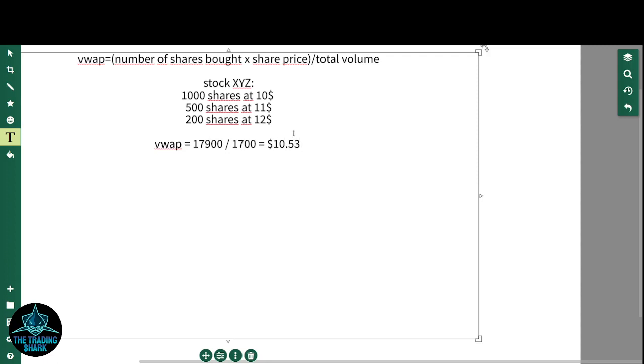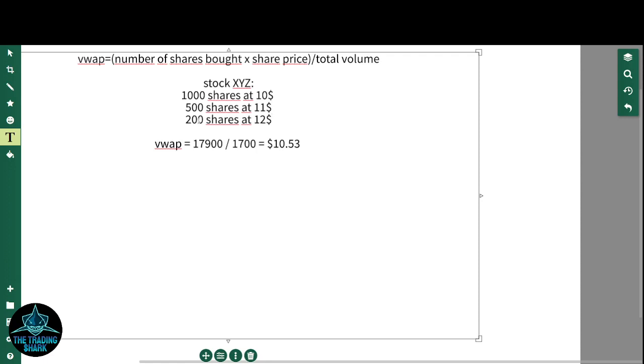So yeah, it looks like definitely that's the point of VWAP. The $10 price had definitely more weight than the two others, because it had 1,000 shares compared to the two others with 500 and 200. So that's a very quick definition of it.